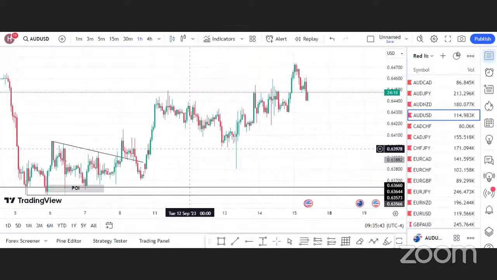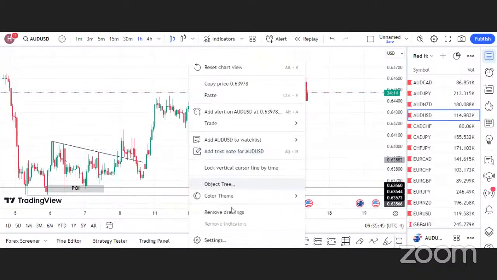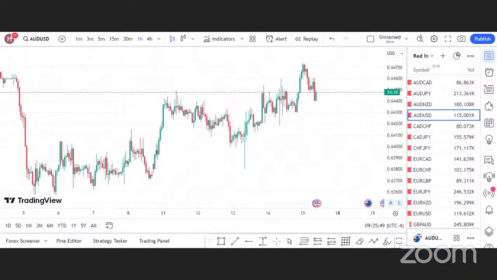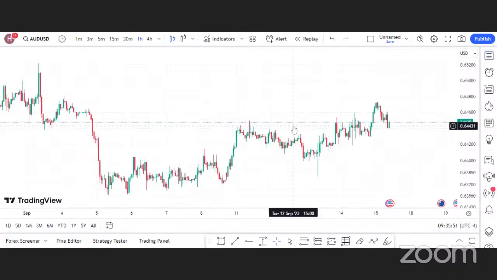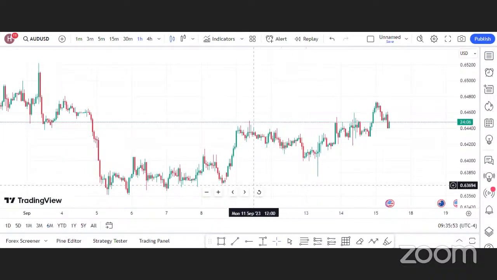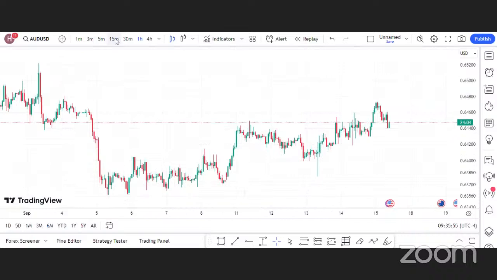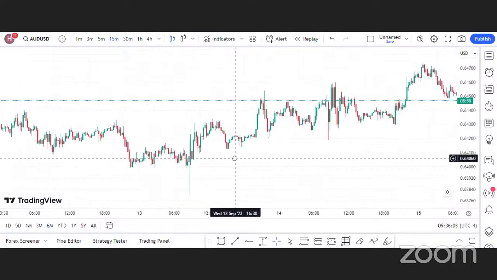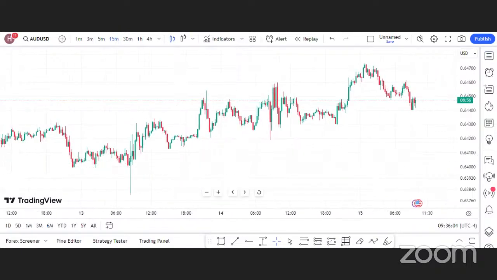So let me make a fresh analysis and see what is going on in the market. Let me go to the 15-minute time frame so that I can see if we can get a fast entry.